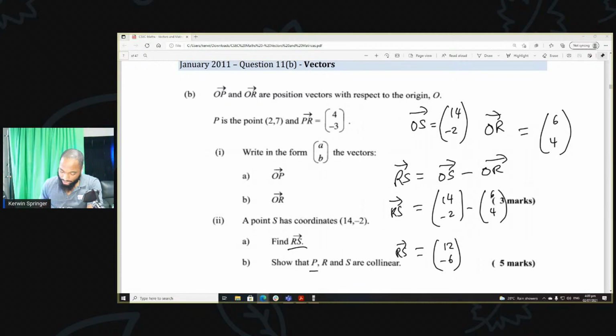And now we need to show that P, R, and S are collinear. Well, we know that PR is (4, -3). And maybe I made a mistake. This should be 8.